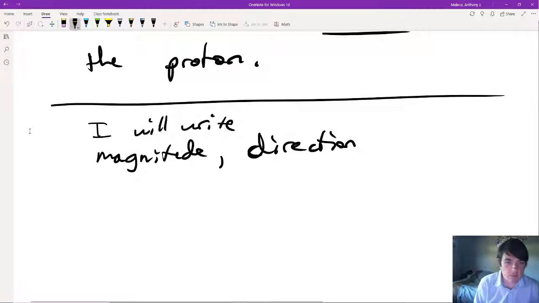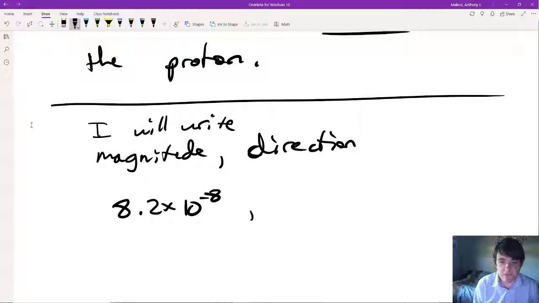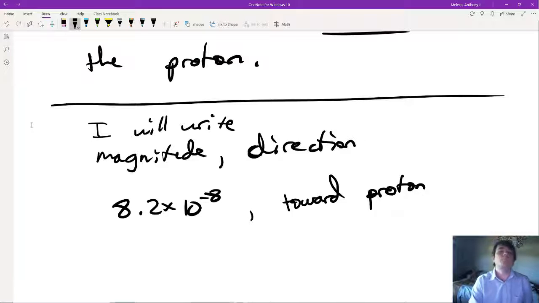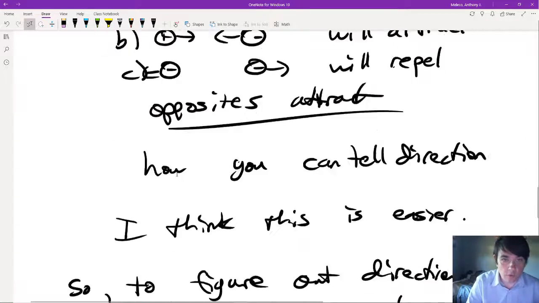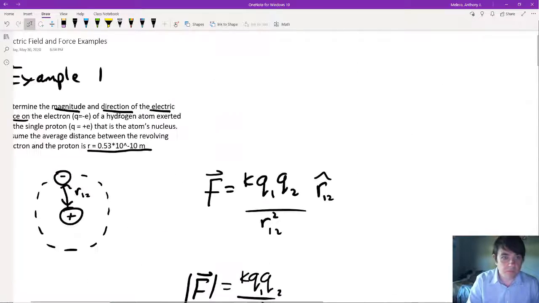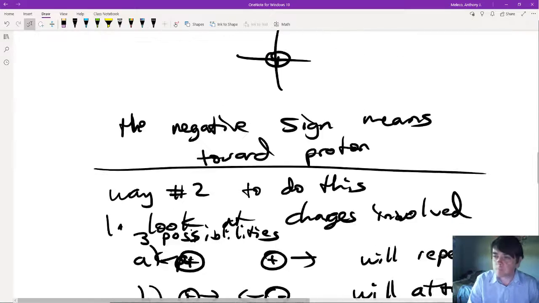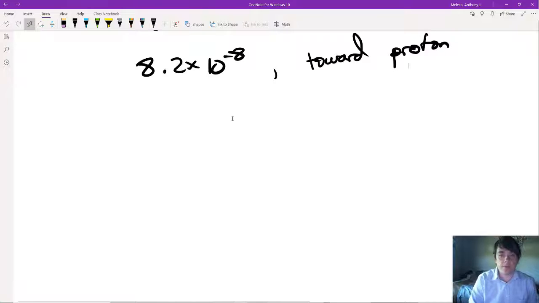So in this instance, I would write 8.2 times 10 to the minus 8, and then I'll write toward proton. Okay. As long as your answer has some sort of indication of what you're going for, should be good. All right. I hope that makes sense.